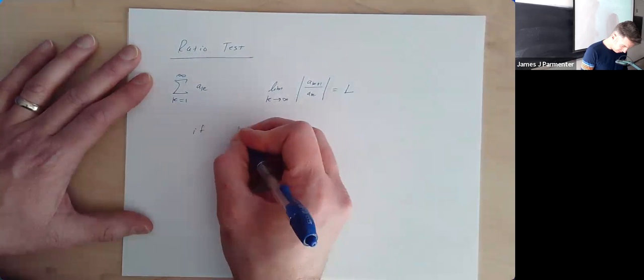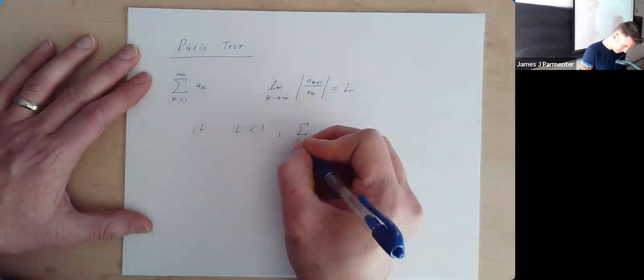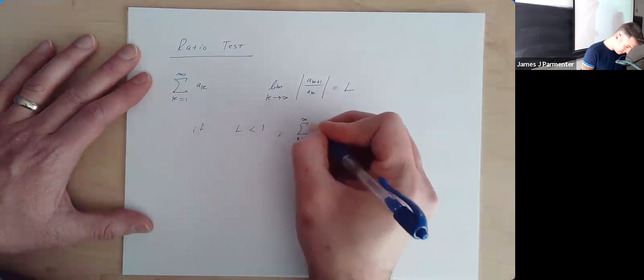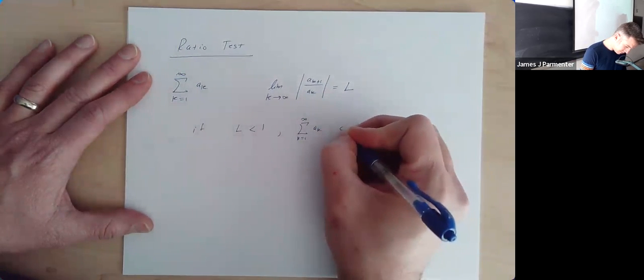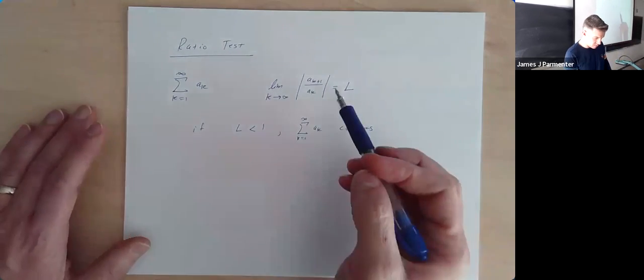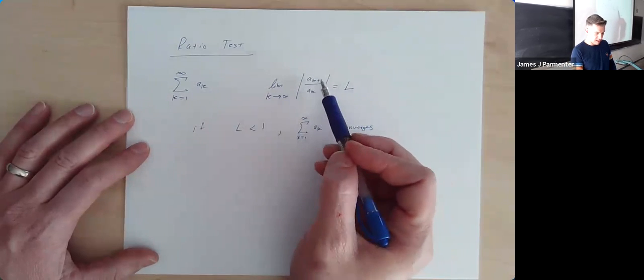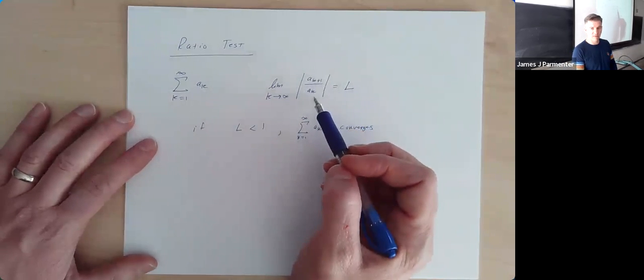If the limit is less than 1, then the series converges. The idea is that we're taking the limit of the ratio of the next term to the previous term, so we're saying the next term is some small fraction of the previous term.